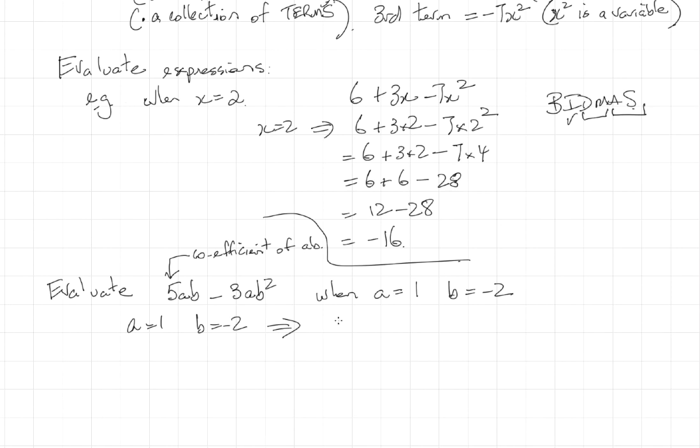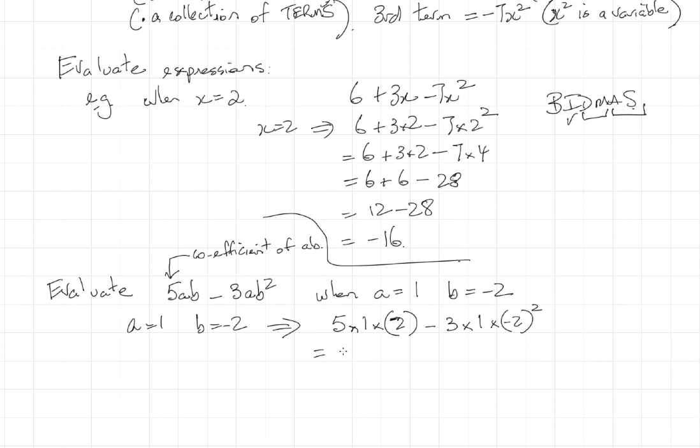We substitute in and we get 5 times 1 times b is negative 2. It's probably a good idea to put it in brackets to make sure we've got the negative clearly written. Minus 3 times a is 1 times negative 2 squared equals. Now we do the brackets first.